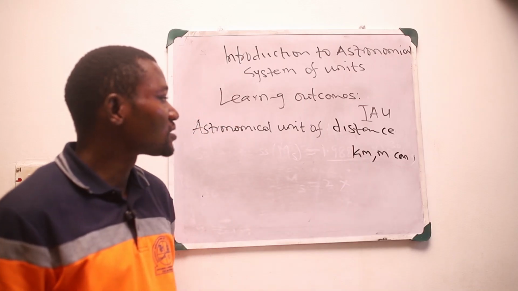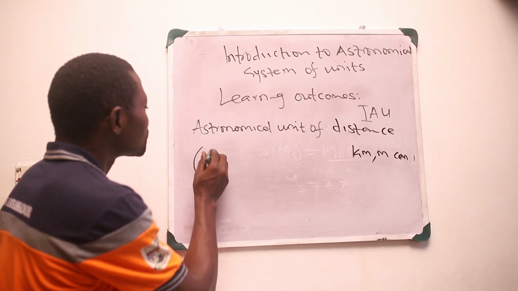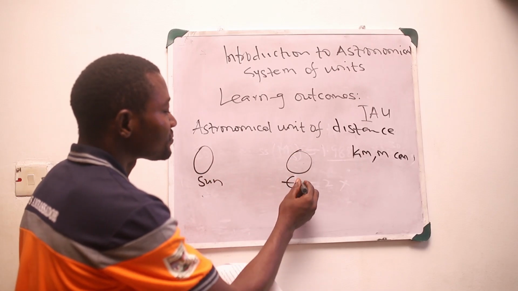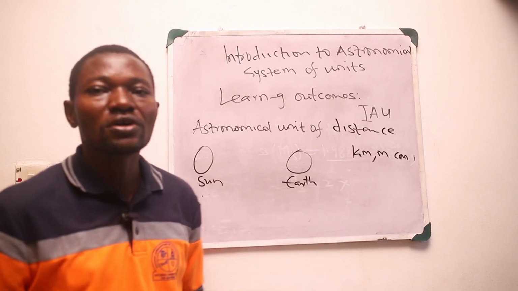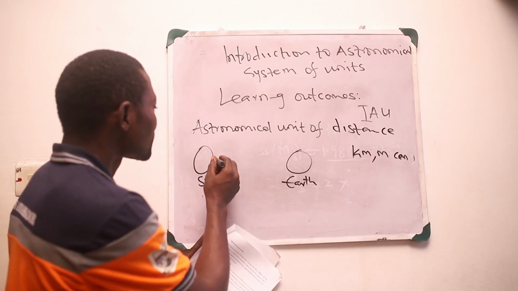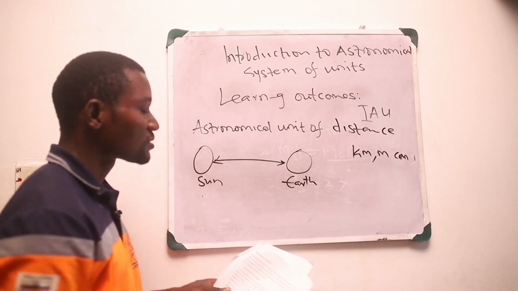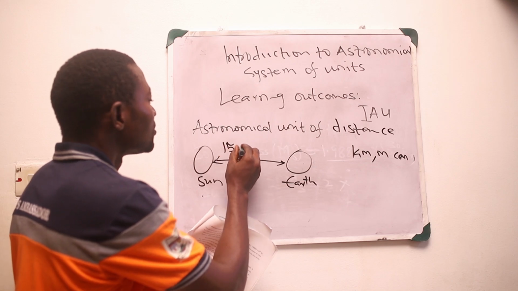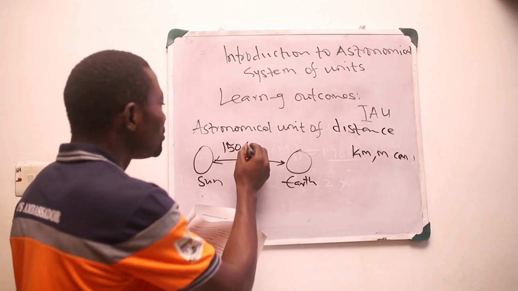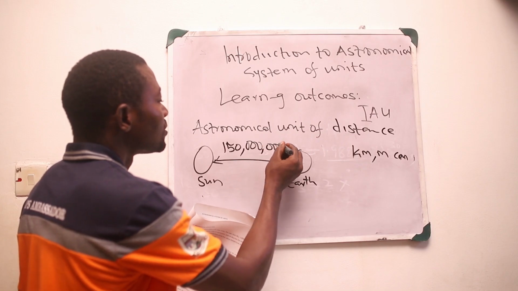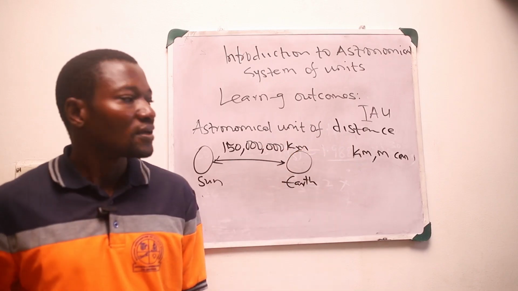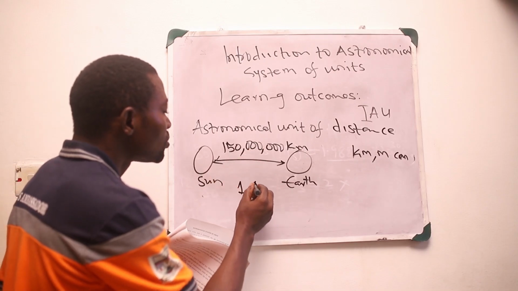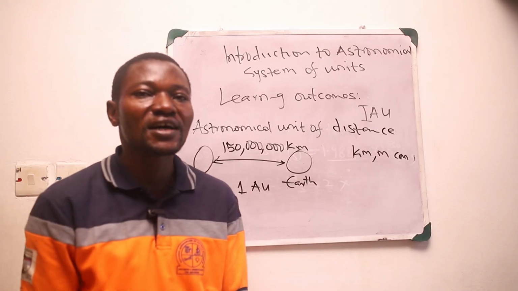So because of that, the distance between the sun and planet Earth was chosen as a reference point. And the distance between the sun and the Earth is 15 million kilometers. And this 15 million kilometers is chosen to be one astronomical unit.